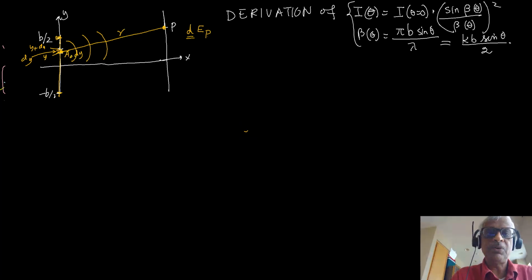And I'm going to call this distance from the center to that point a capital R. And of course, this is L and this is theta. Okay, so this will be a spherical wave with amplitude. This is going to drop, right?